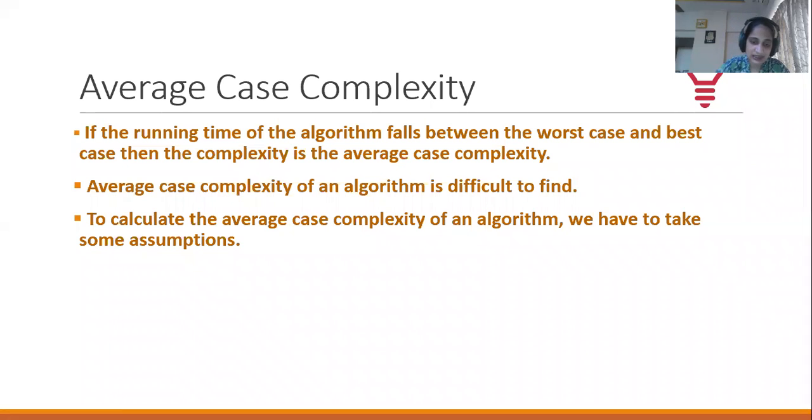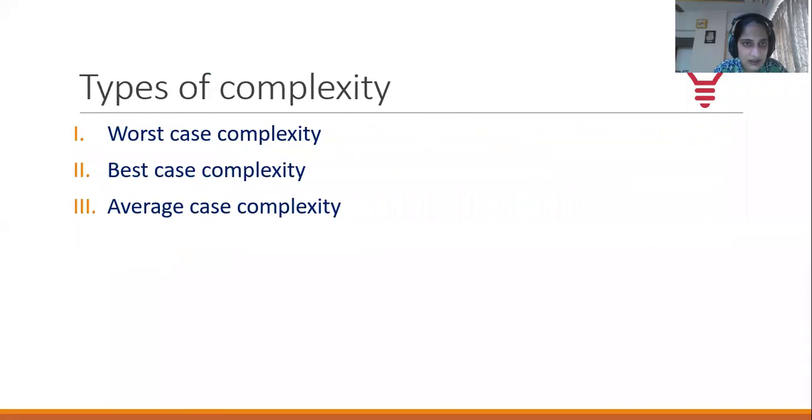So we are assuming that algorithm 5 is going to be the worst case, and algorithm 2 is going to be the best case, and then only will it be possible for us to calculate the average case of the algorithm. So that's what the complexities of an algorithm are: worst case, best case, average case.